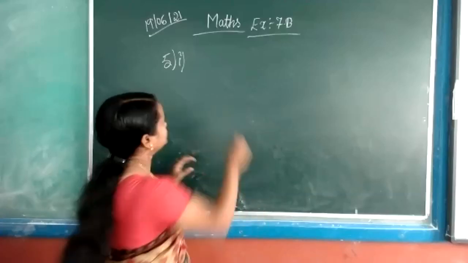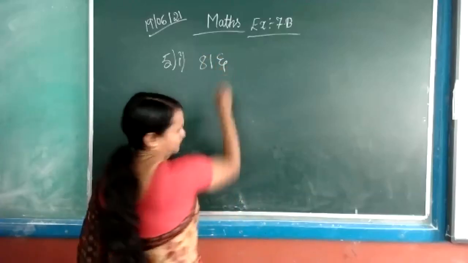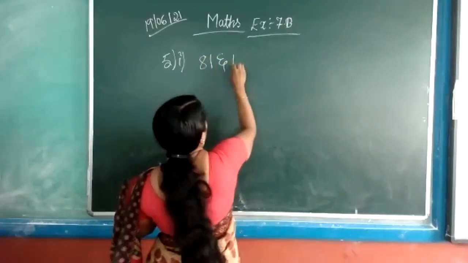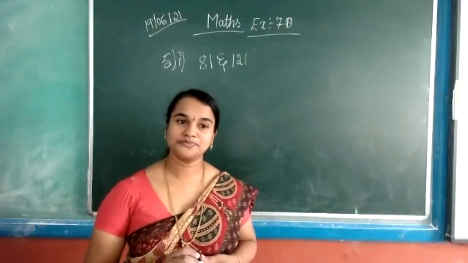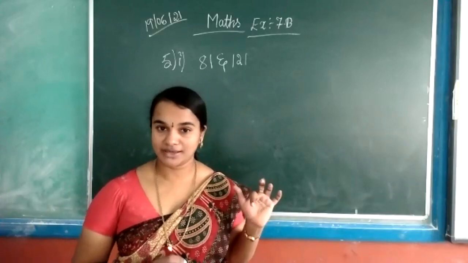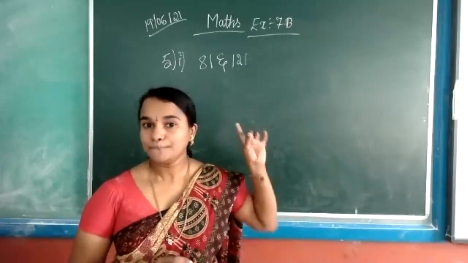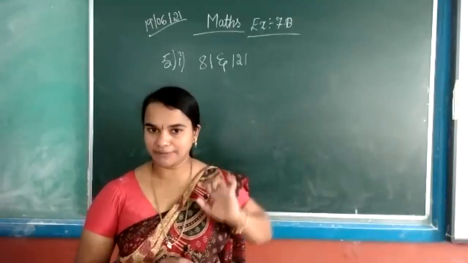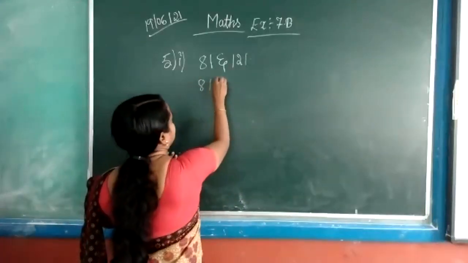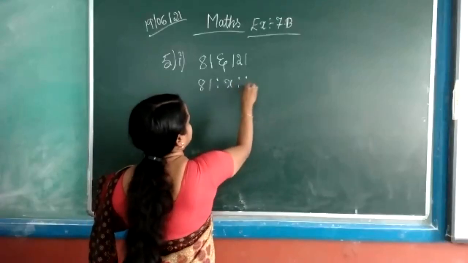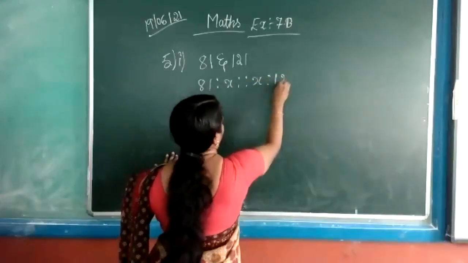Fifth main, first question, 81 and 121. What do we have to find out here? Mean. I told you, mean means in the center part it will be x. Now 81 is to x as x is to 121.